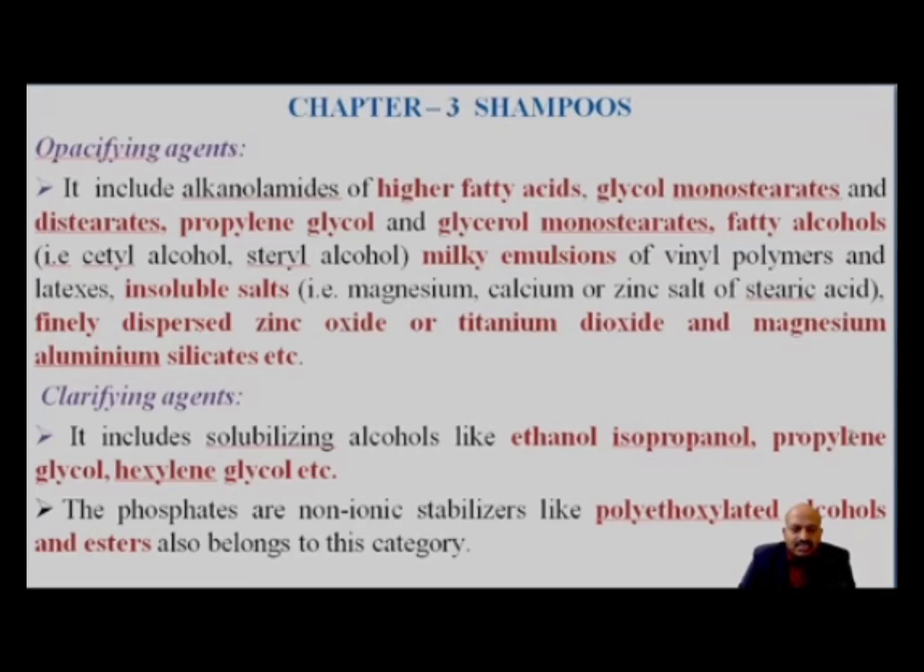And clarifying agents include solubilizing alcohols like ethanol, isopropanol, propylene glycol, ethylene glycol, etc. And the phosphates and non-ionic stabilizers like polyethoxylated alcohols and esters also belong to this category. So these are some examples of the opacifying agents and clarifying agents that are used based on the requirement.